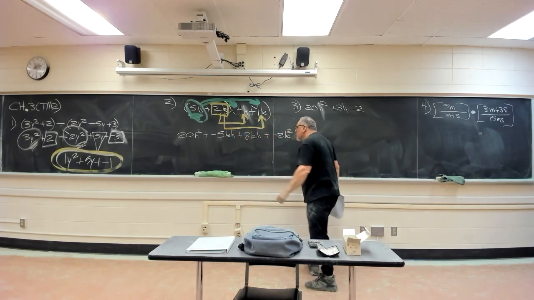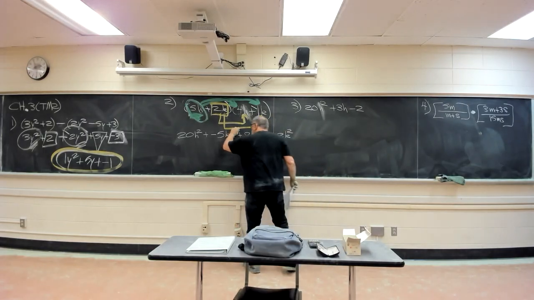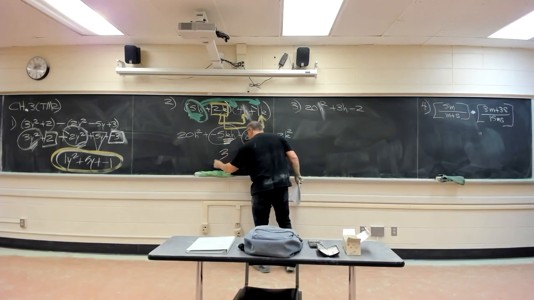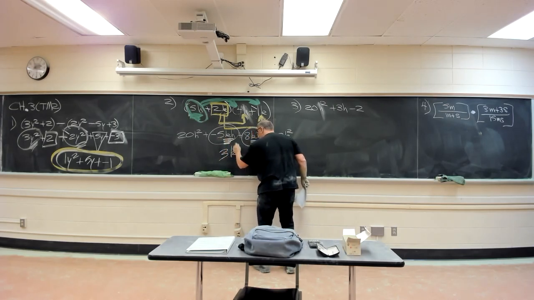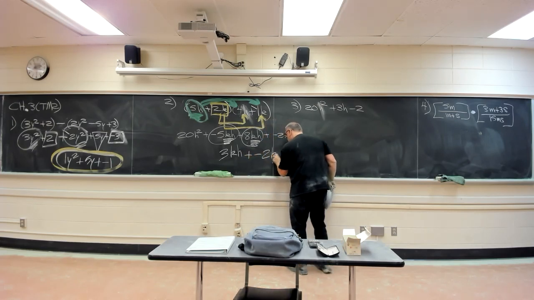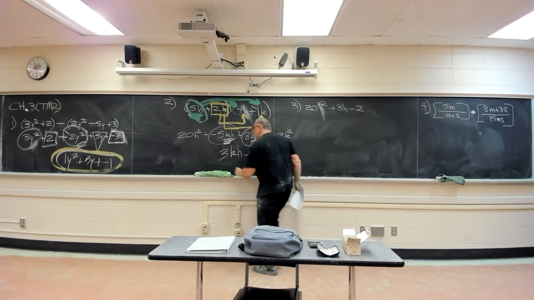Okay, that makes more sense. If you take these, which are like terms, negative 5 apples and positive 8 apples, or 5 apples taken away from 8 apples, is 3 apples. You got that.